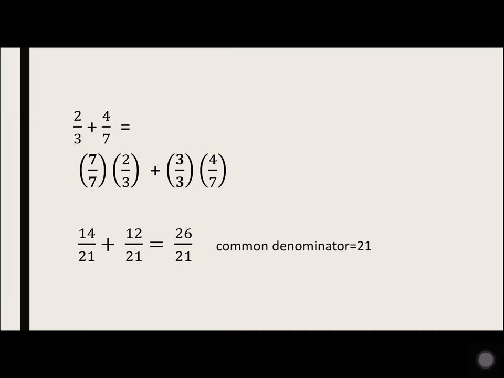So the left fraction has a 3 on bottom, so that means we need to multiply 3 times 7 to get 21. Whatever you multiply the bottom, you also multiply the top. Why? You see that 7 over 7 that is in bold? 7 over 7 is really 1. Why is it important that it's 1?